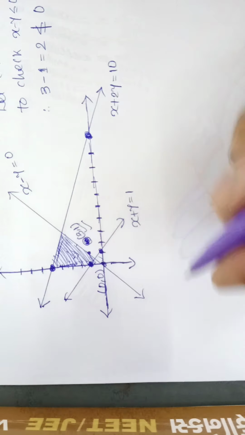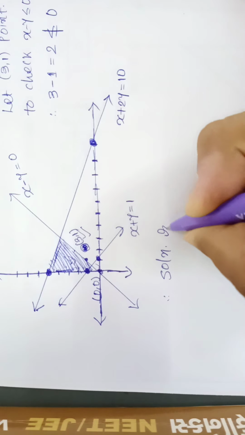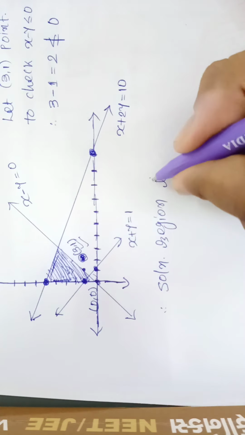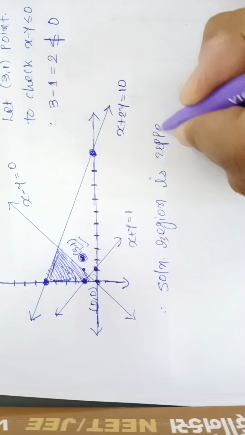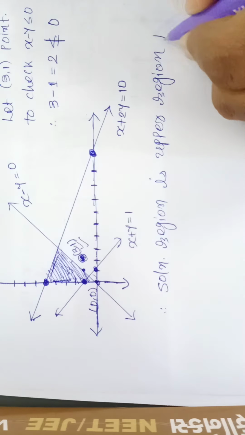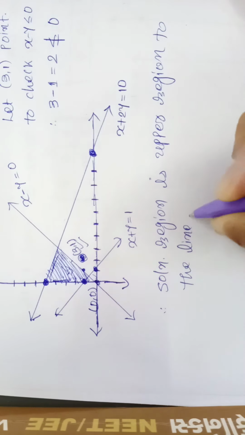So therefore the solution region is the upper region to the line x minus y equals 0, right?